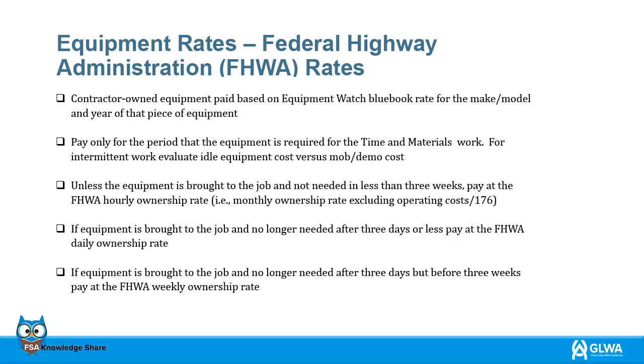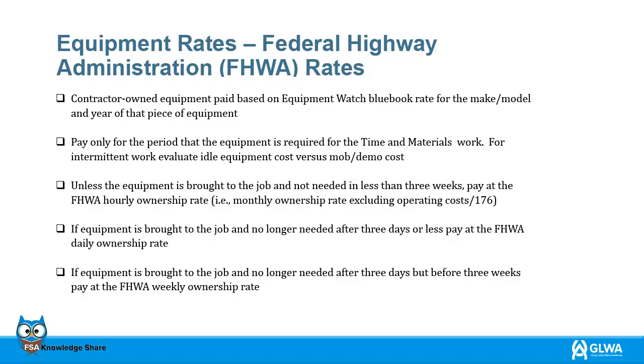Contractor-owned equipment paid based on Equipment Watch Blue Book rate for the make, model and year of that piece of equipment. Pay only for the period that the equipment is required for the time and materials work. For intermittent work, evaluate idle equipment cost versus mob demo cost.